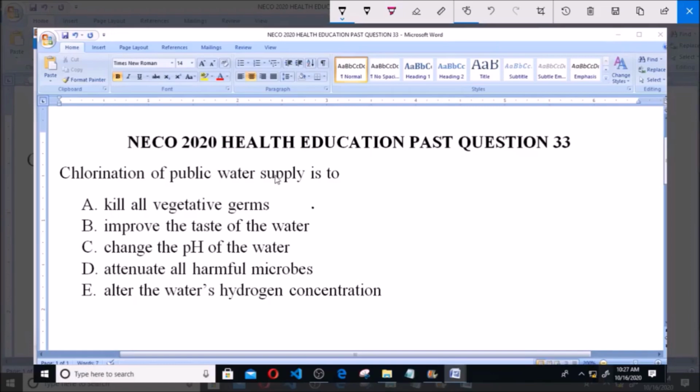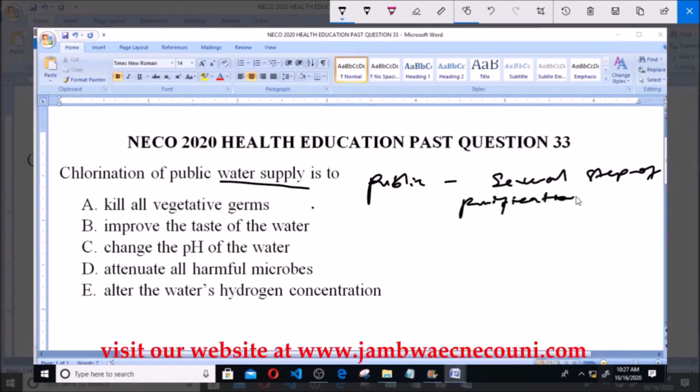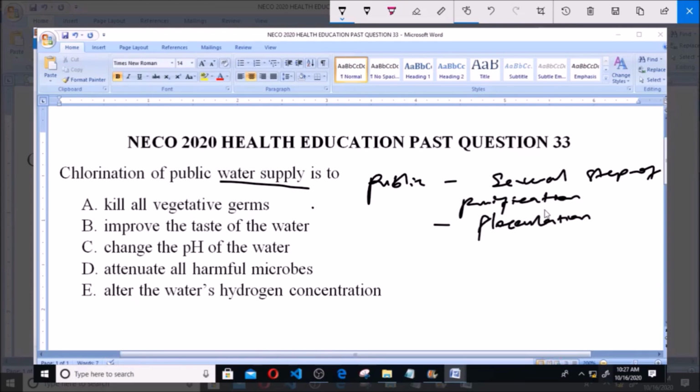Now, before water can be supplied to the public, it has to undergo several steps of purification. This involves flocculation or coagulation, whereby the water is passed through large settling tanks where chemicals like potash alum are placed in order to clump together big impurities and remove them.